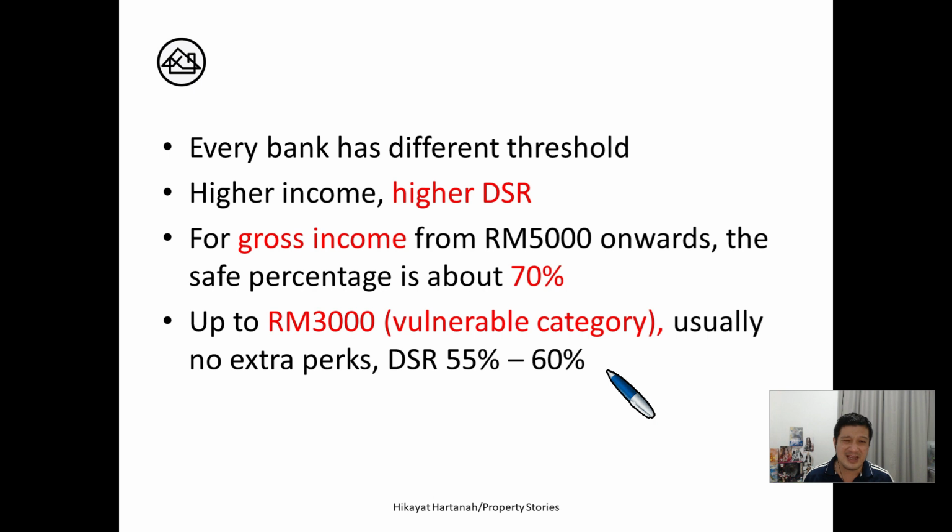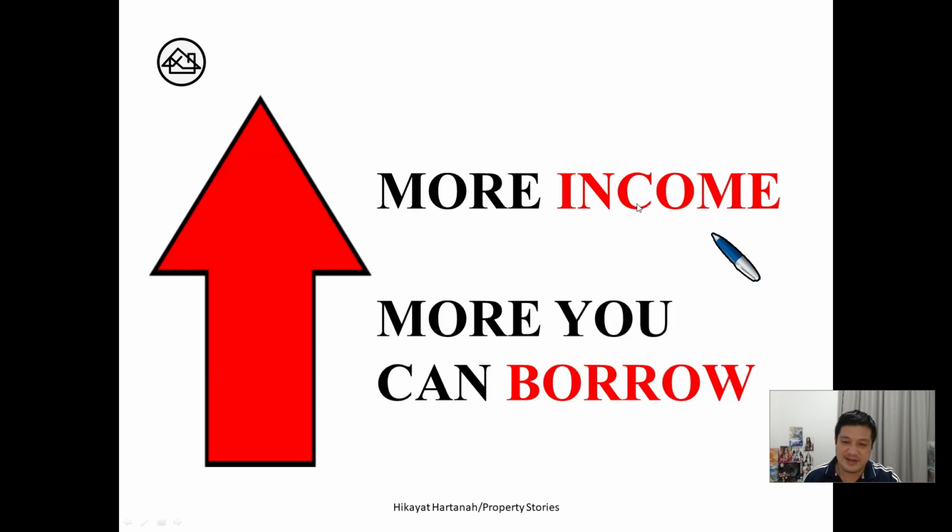So they are most likely to default. When you have lower income, you have lower disposable income, so you are more likely to default. That's the reason they are put under the vulnerable category and treated with much care by banks or any financiers.